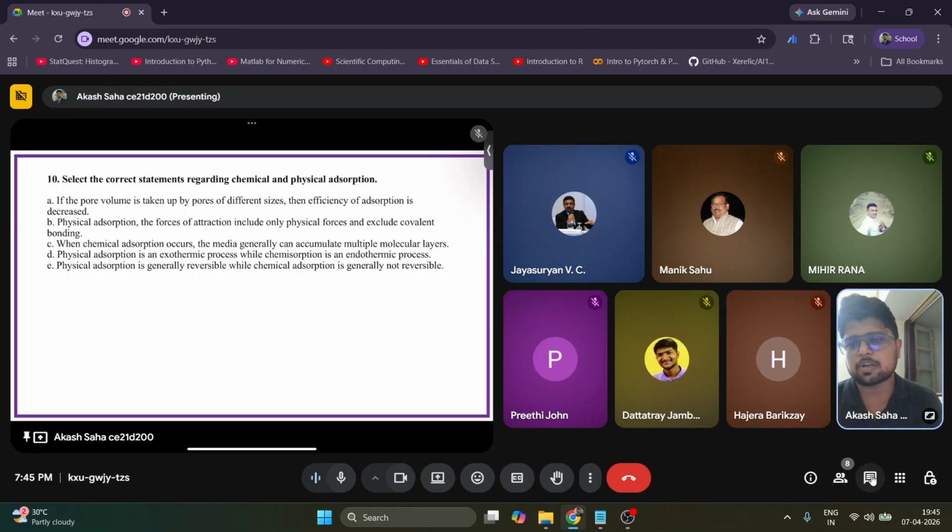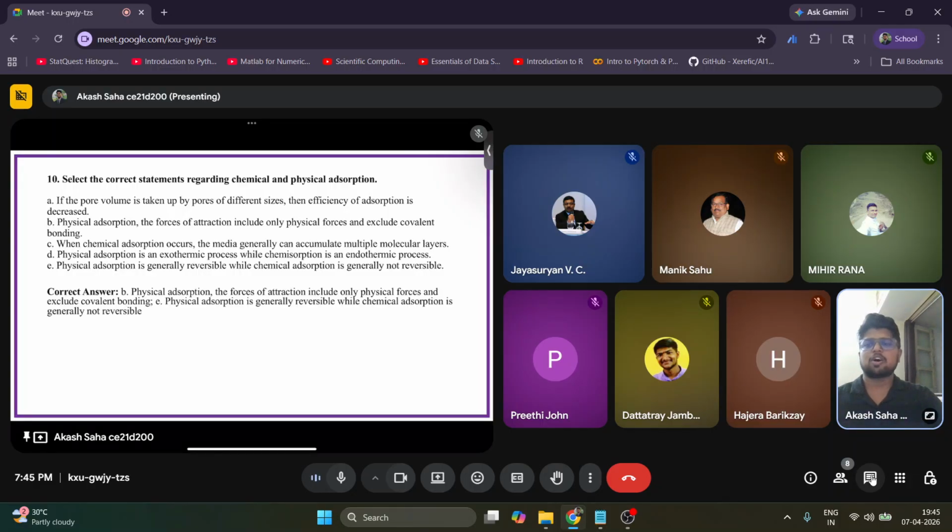Then D is also incorrect, because both are exothermic. Then physical adsorption is reversible, whereas chemical adsorption is not reversible, so that is also true. So options B and E are the only correct options here.